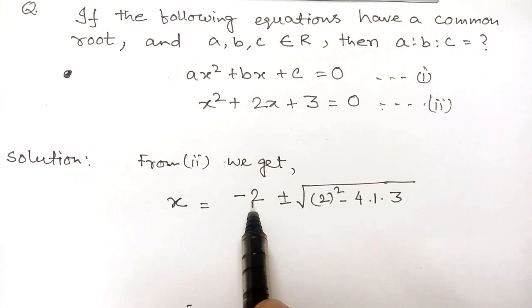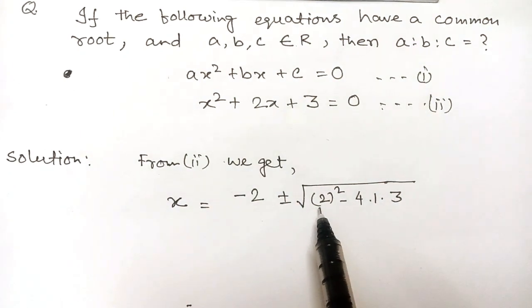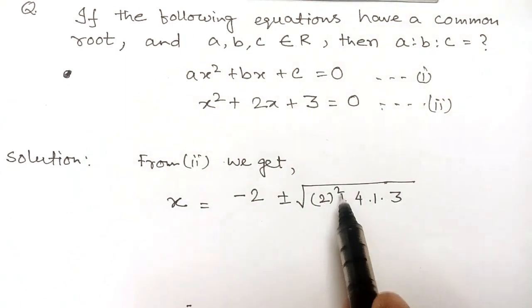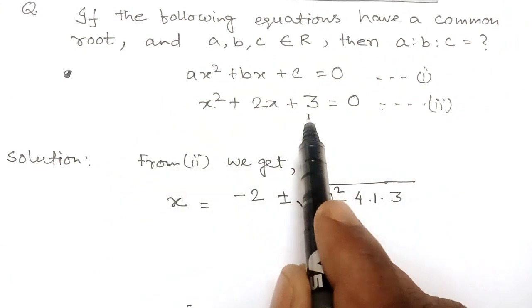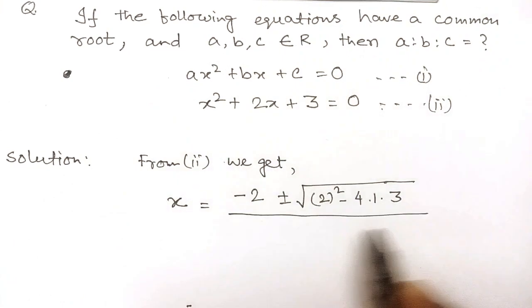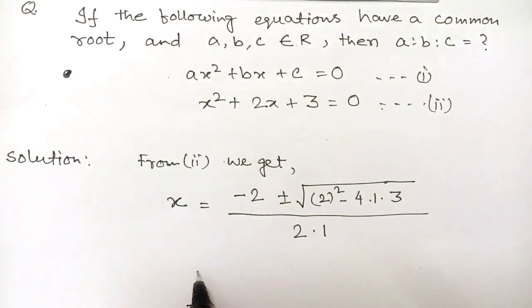Here this 2 is the x's coefficient, and under the root this 2 is the x's coefficient, its square, minus 4 into x square's coefficient, that is 1, and into the constant term, that is 3, divided by 2 into 1. Here 1 is the x square's coefficient.